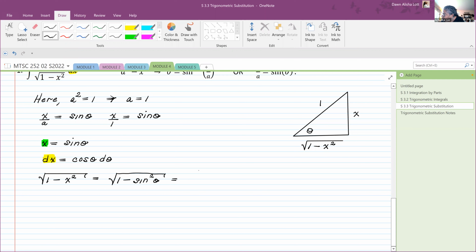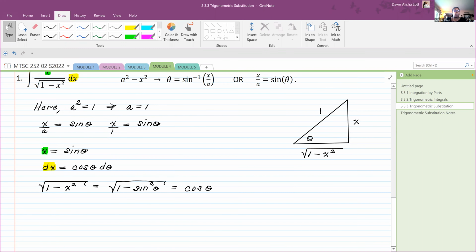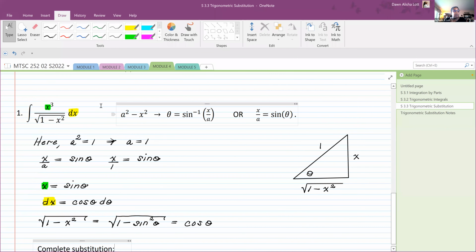So therefore, I have the square root of cosine squared theta, which is just cosine theta. So now I know everything. I know the square root of 1 minus x squared, it's cosine theta. I know what x is, it's sine theta, and I know what dx is. And so now I can do a complete substitution. And when I do a complete substitution, I am going to pick this integral up.